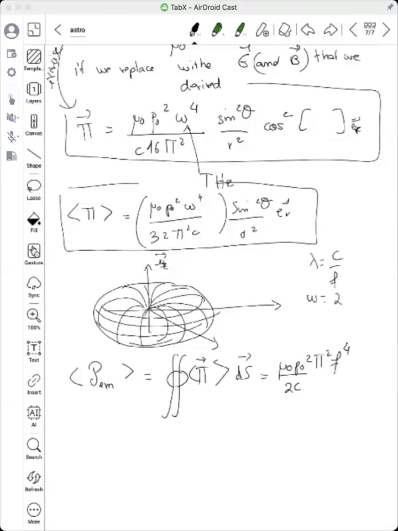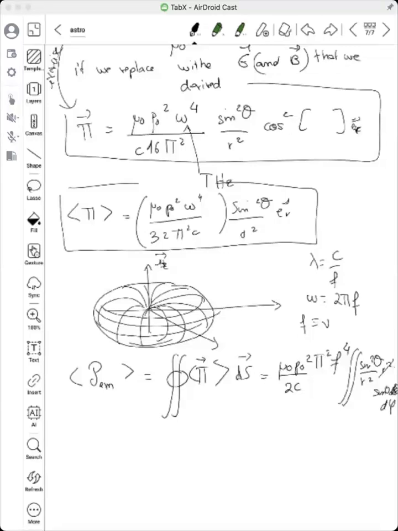Omega is 2πf. f is nu, the frequency. It's just easier to remember. And here I have an integral of a surface element, r² sin θ dθ dφ.